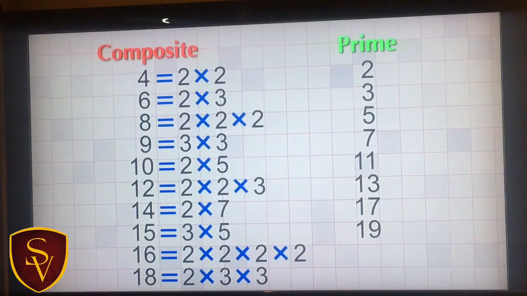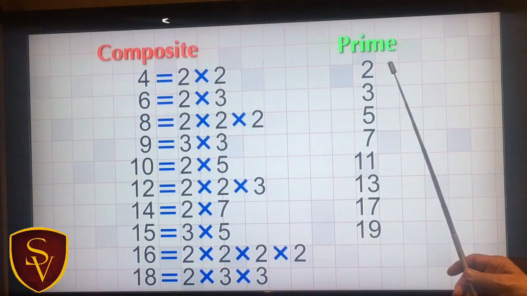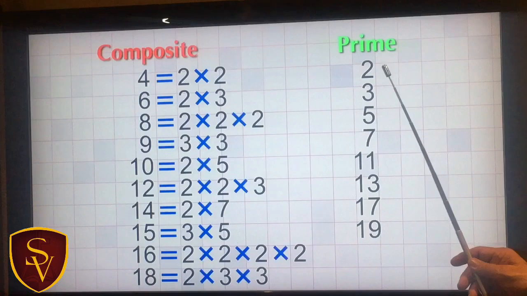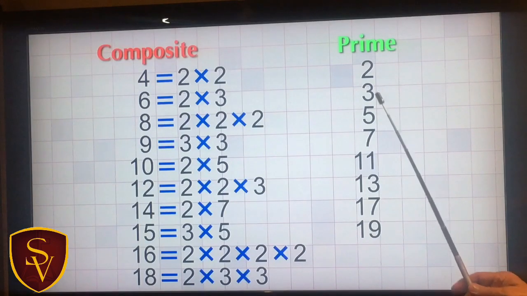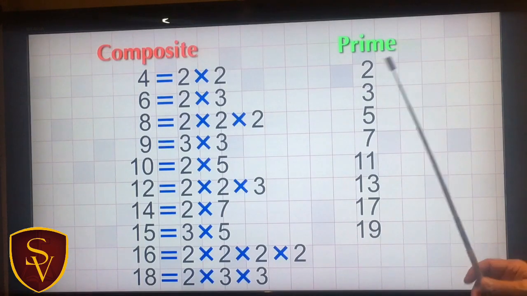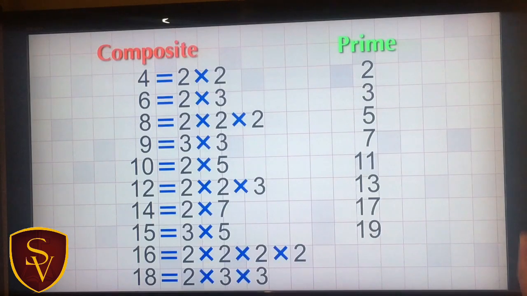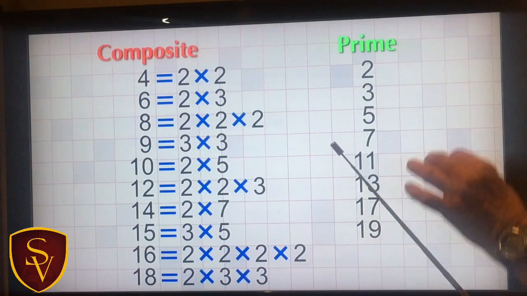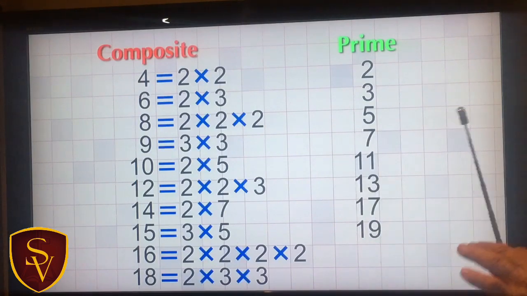Alright, it's important to know the difference between a prime number and a composite number. A prime number, as I told you, is a number that could be divided by itself or by 1. 1, for many technical reasons, is the only number that is neither prime nor composite.